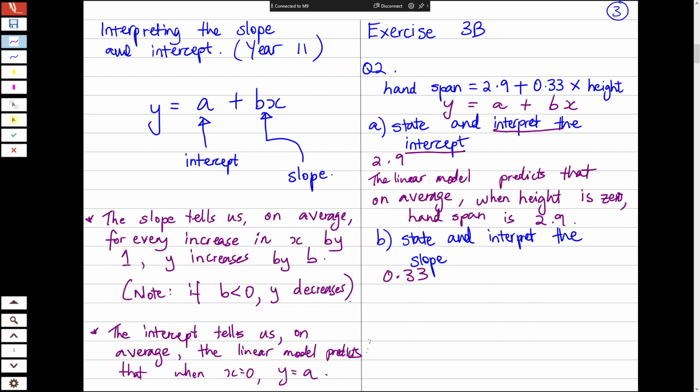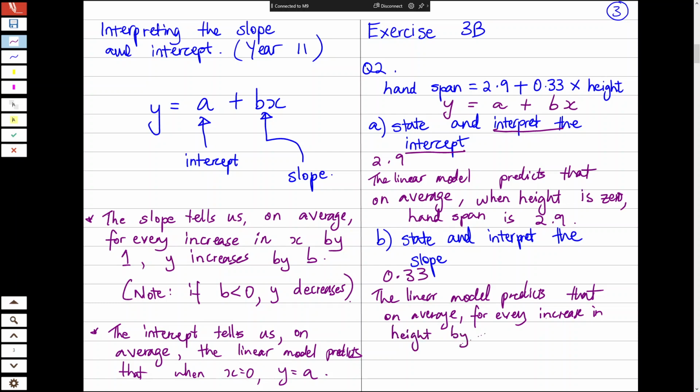So the linear model predicts that on average, for every increase in height by 1 hand span, please complete this sentence for me.